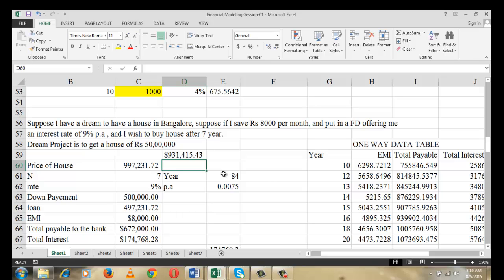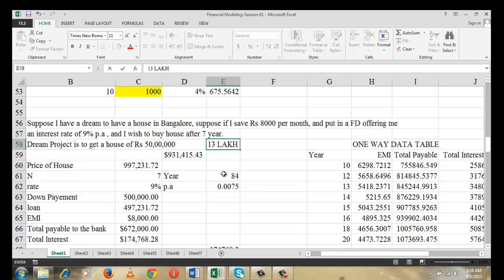Now imagine under this scenario the same thing I explained by using goal seek. My dream was to buy, suppose, a 13 lakh rupees house, where all the family can live together. Under that kind of situation, you should know what your down payment is and what the loan amount is.